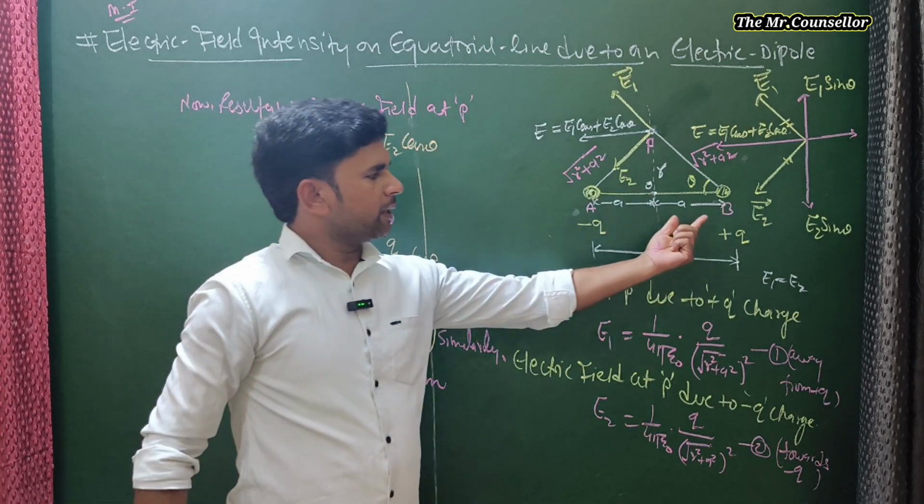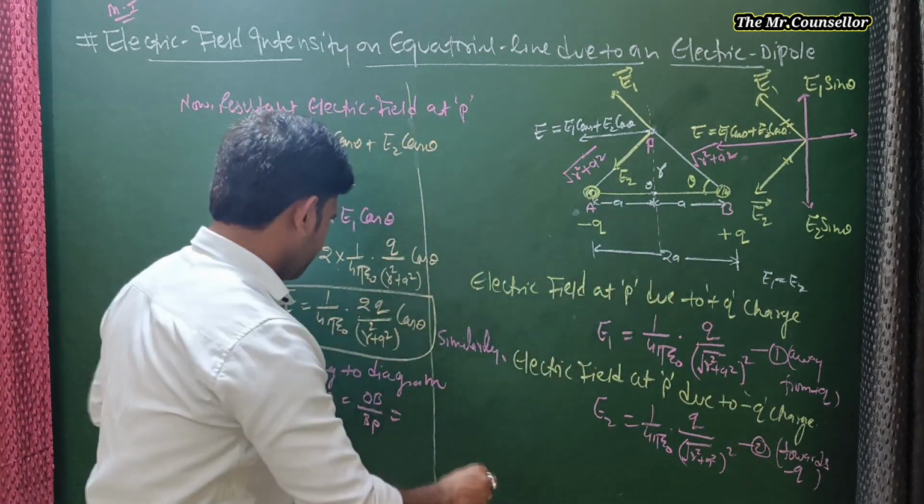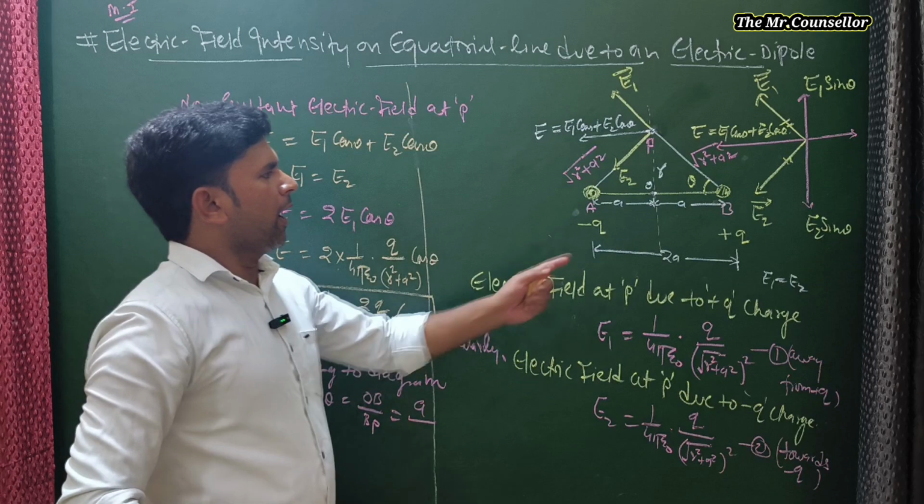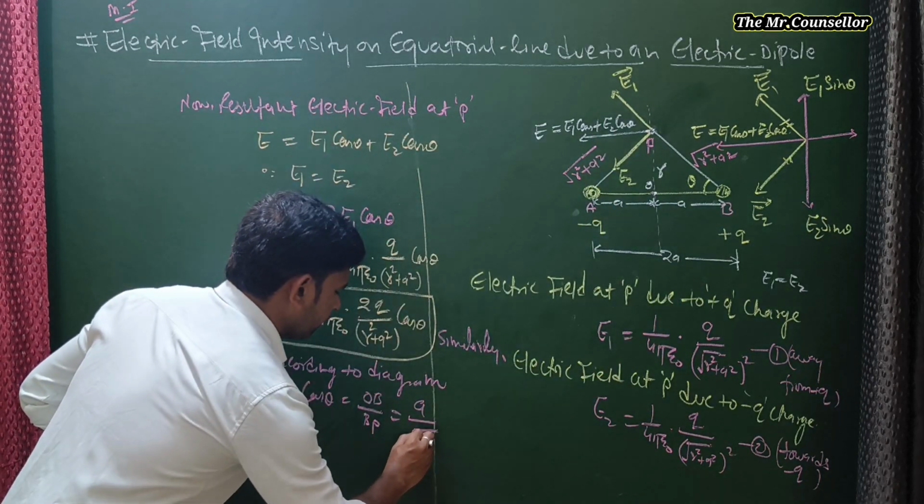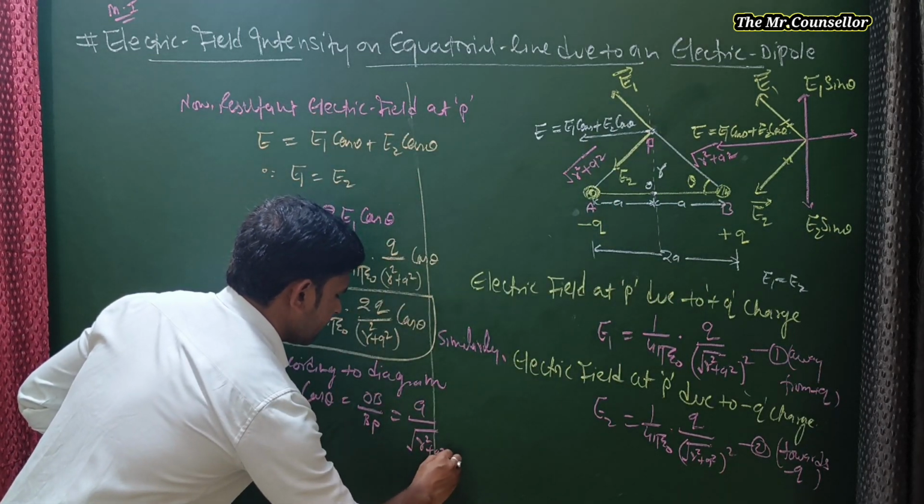So base means A, you can see here, A upon hypotenuse, root over R square plus A square.